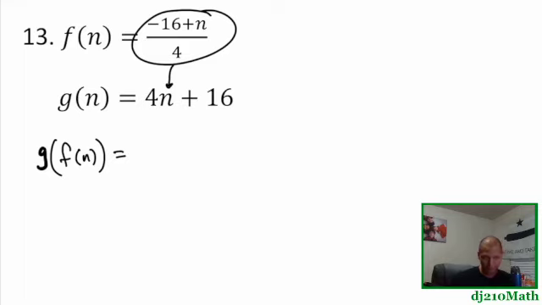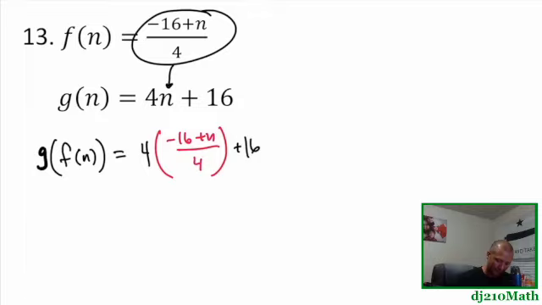F is the input now. I'm putting it into g. So here we have 4 times negative 16 plus n over 4, plus 16. All right, simplifying. The 4s are going to cancel. Negative 16 plus n plus 16. Oh, look, 16s are going to cancel, leaving behind n.